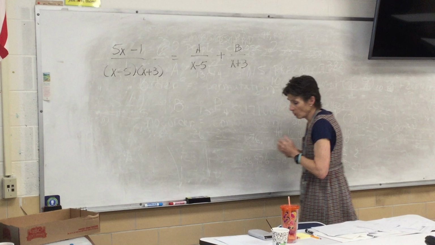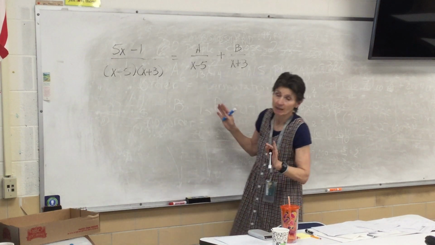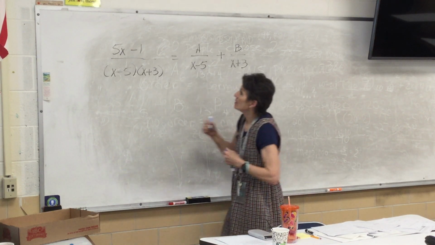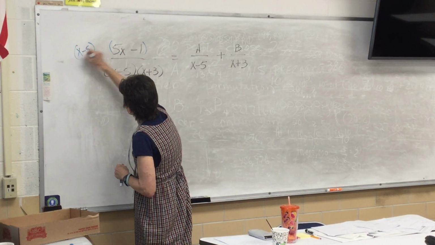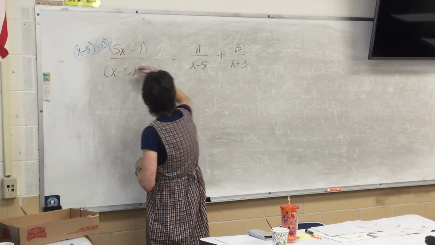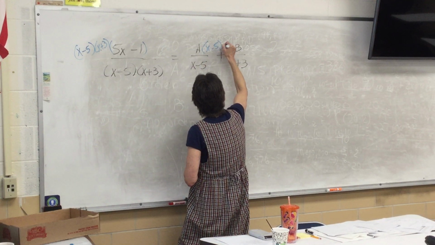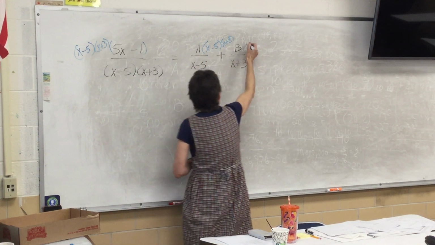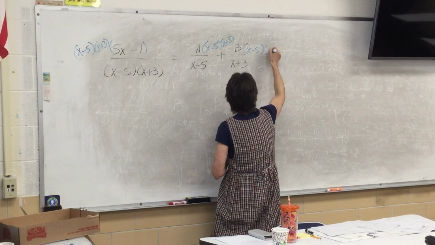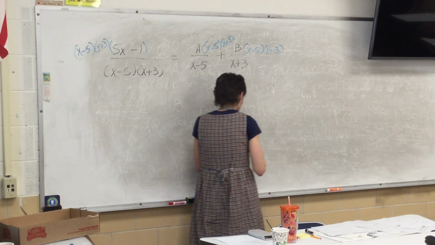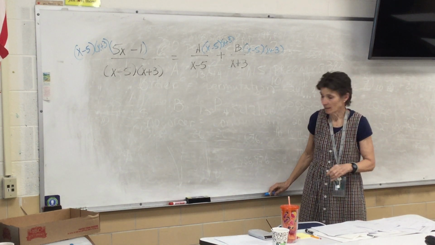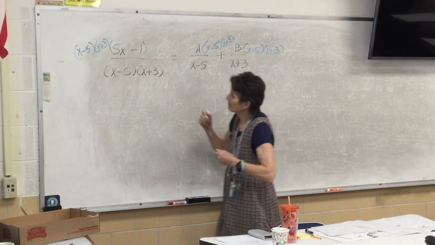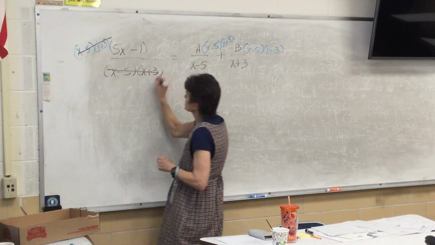So to get this ball rolling, we're going to get rid of all of the fractions. So I'm going to multiply by x minus 5 and x plus 3 all the way across. Now, some of you do this in your head, and I'm okay with that, as long as you keep everything straight. But we need to multiply every single term by the common denominator. And then what will happen is we'll lose the denominator.